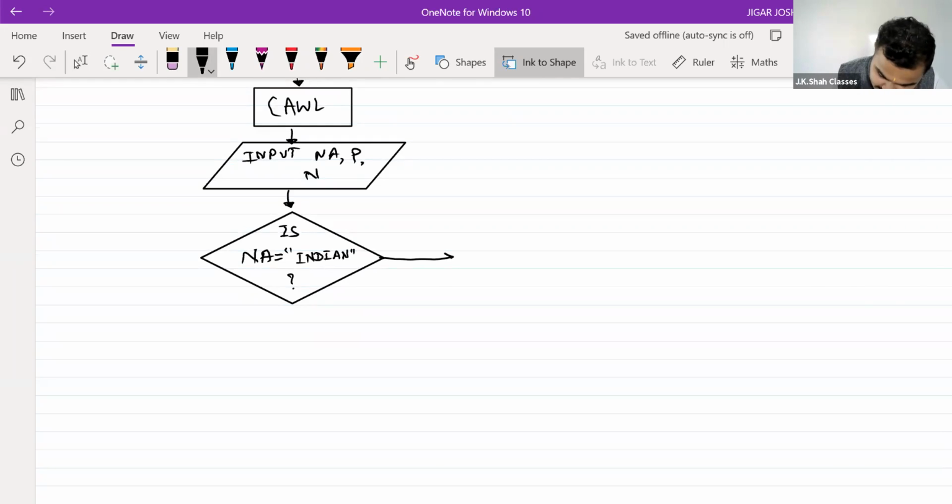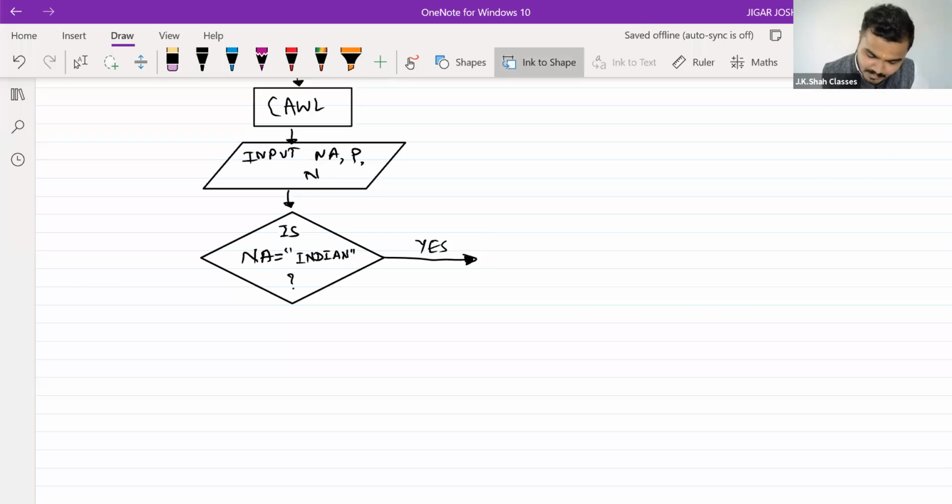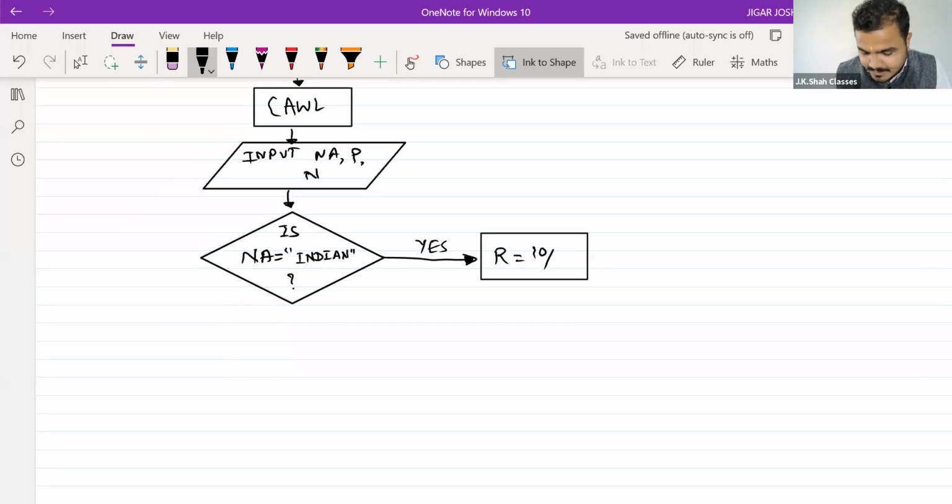Suppose if the answer is yes. Then simply we can write the rate here, or else I can do the simple interest calculation also. Suppose I just want to define a rate of interest over here. So I define rate of interest would be 10 divided by 100. Yes? Yes, sir.